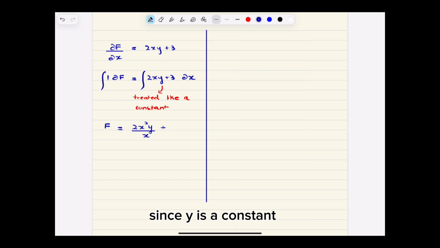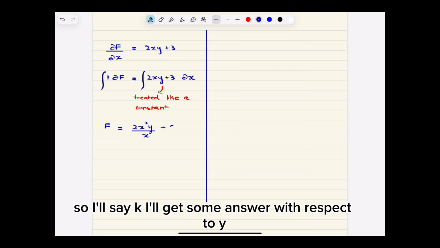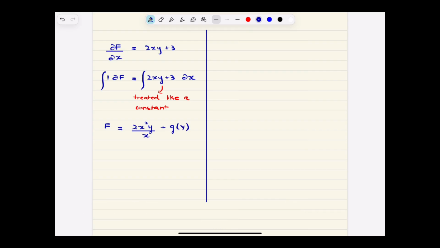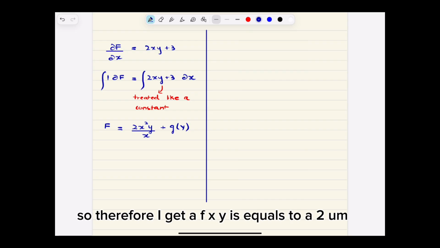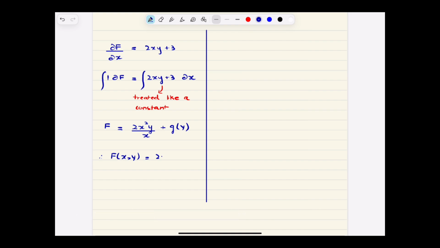Since y is a constant, I'll get some answer with respect to y, a function of y, which is a constant. So g of y will be a constant. So therefore I get f(x,y) is equal to 2, oh sorry, what was I doing?